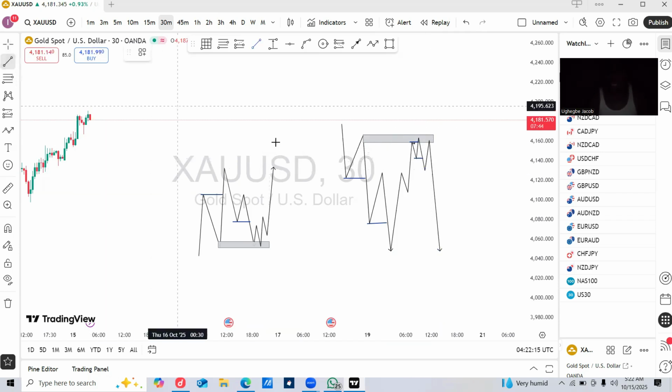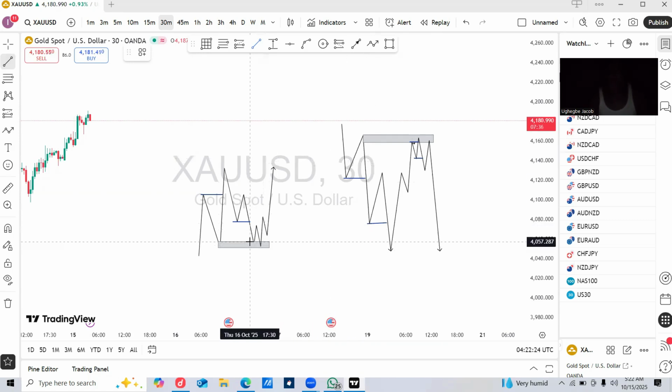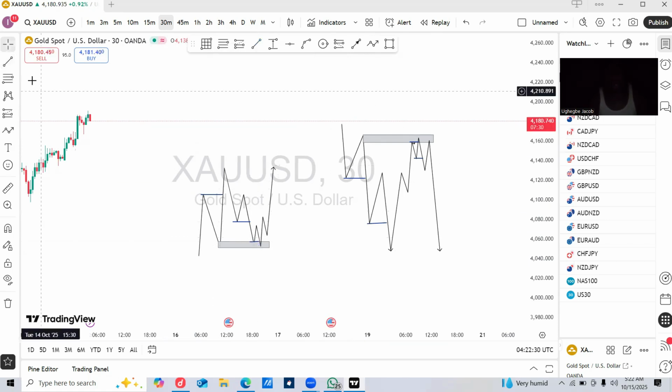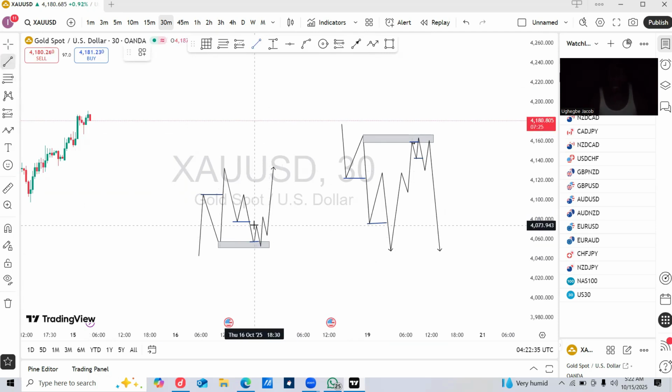Once you have seen something like that, it means that you look for an opportunity to start selling the market to the downside. The same thing with this one. You can see that immediately the market returns to this level here, it shifts structure, then breaks the recent high and returns back to what? To tap this area here and push what?